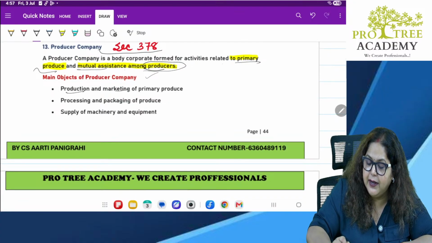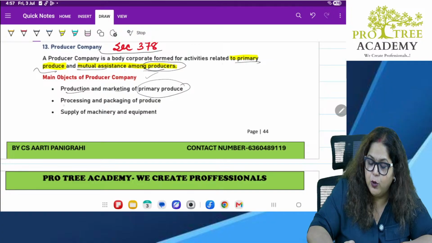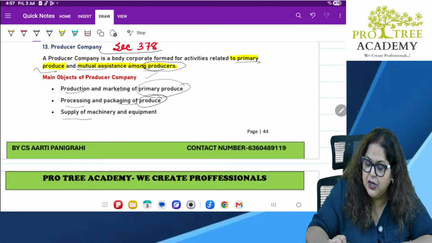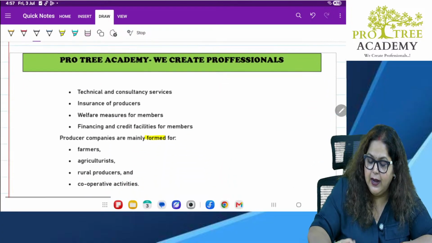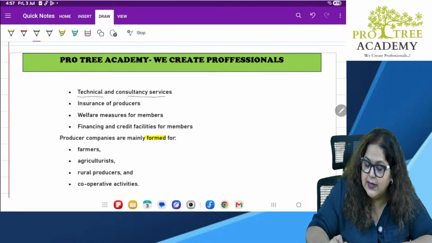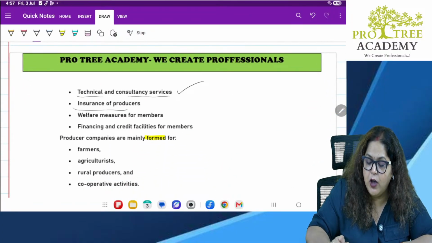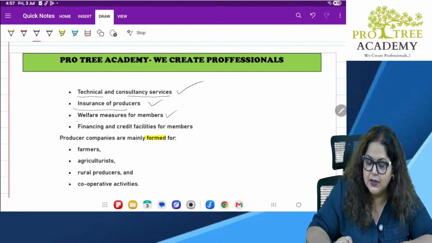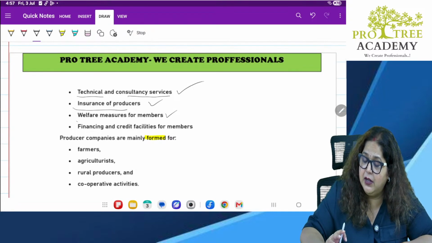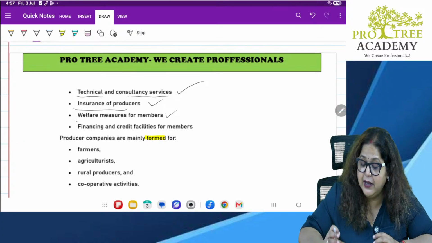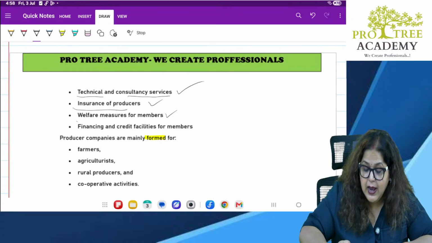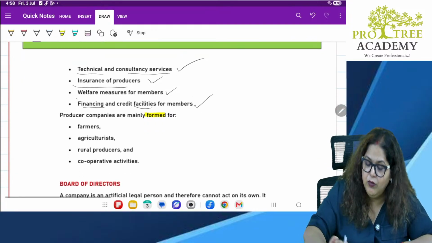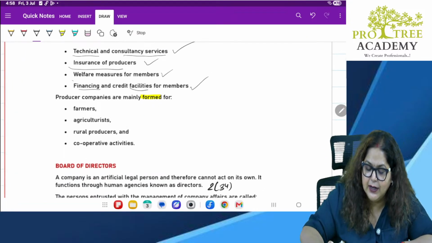Production and marketing of primary produce, processing and packaging of produce, supply of machinery and equipment, and technical and consultancy services, insurance of the producers, welfare measures for the members, meaning they are taking care of the welfare of members, and financing and credit facilities for the members. Now, who will be covered under it? First you just see, then you will understand.